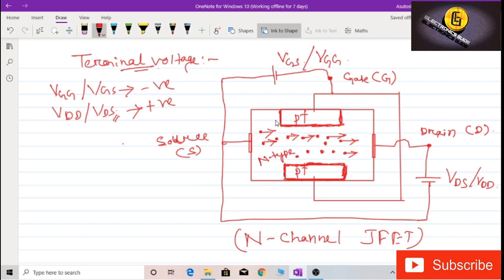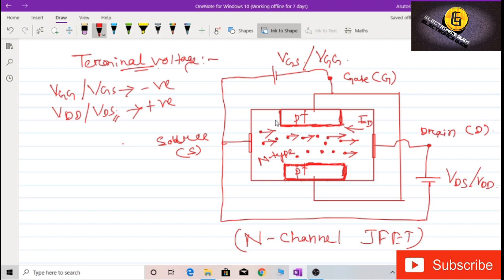For an n-channel JFET, the current direction will be from drain end to source end. As the electrons are moving from source to drain, the current direction should be opposite to that of charge flow direction.